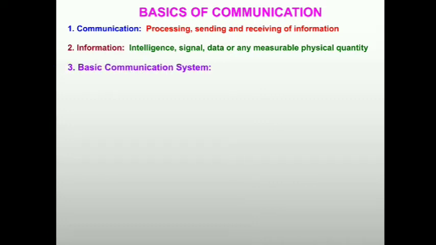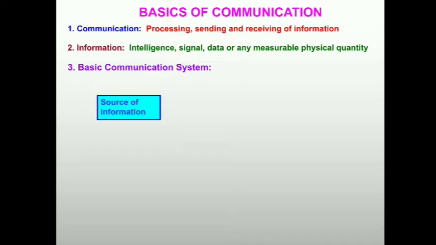Okay, now I'll give you a small explanation about the basic communication system from one person to another, or one system to another system, or one organization to another organization, right? Okay, now source of information. So the source may be sound or pictures or data.